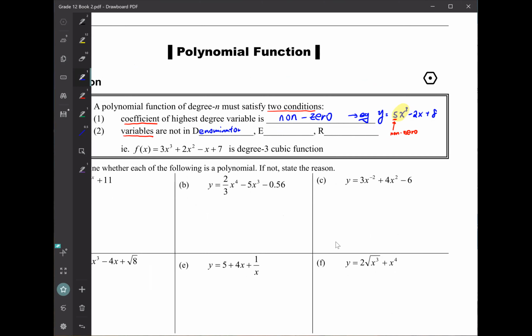Okay, and the next one, it cannot be in the exponent. Third place, it cannot be inside the radical. Okay, so 3 places it cannot be in the variable. You cannot put a variable there. Otherwise, you cannot call it a polynomial function.